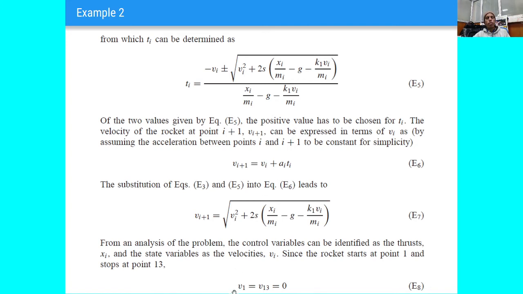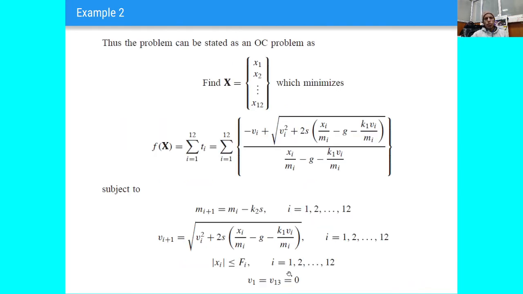This initial velocity will be 0, as well as the end velocity, that is the velocity at control point 13, it will also be 0. So v1 equal to v13 is equal to 0. Any doubt up to this point? If there is no doubt, let us move forward.